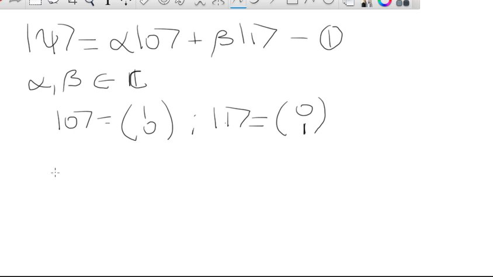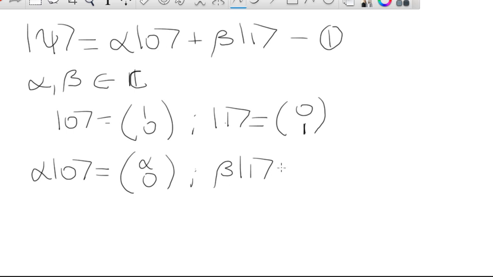So what we can look at first is we have alpha times ket 0. So alpha times ket 0 is equal to alpha, 0, where this has simply come from multiplying alpha to this here. And we do the same again for ket 1. So we do beta times ket 1 is equal to 0, beta. Okay?